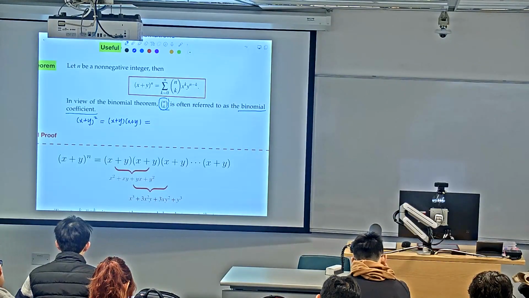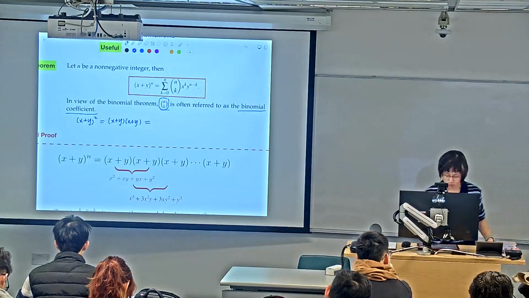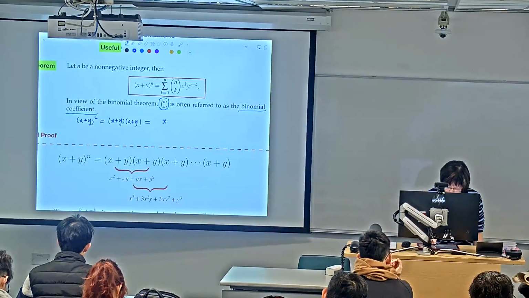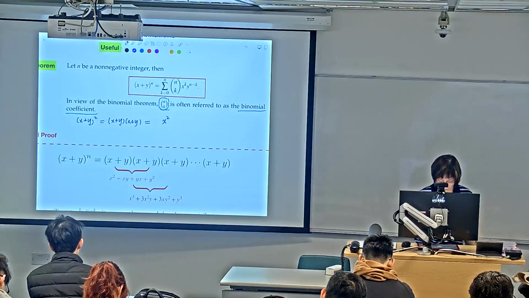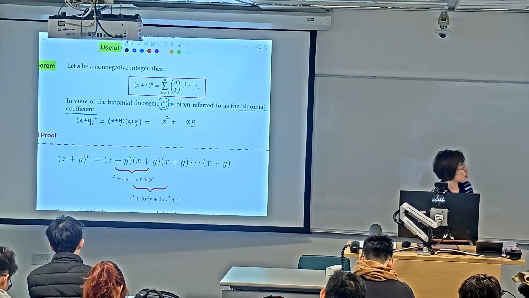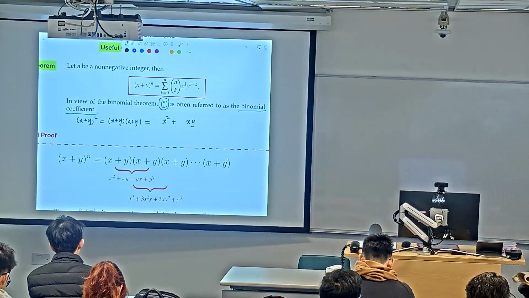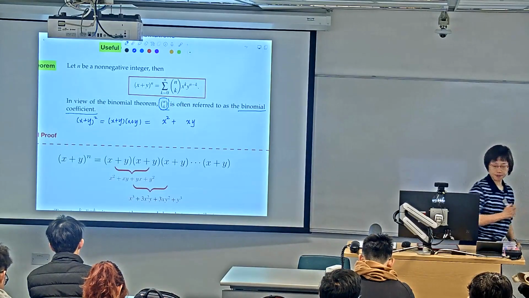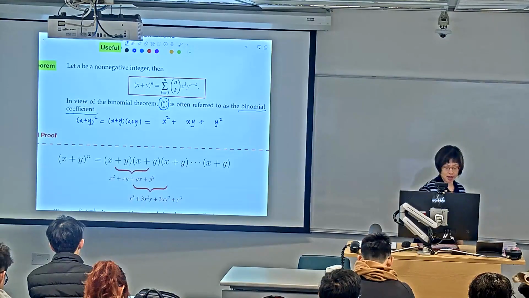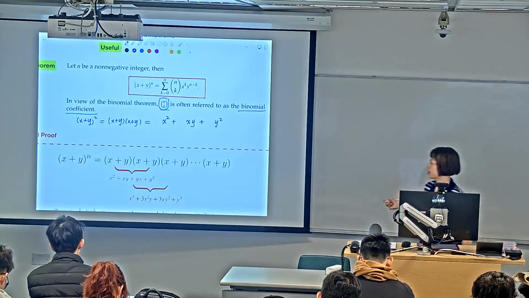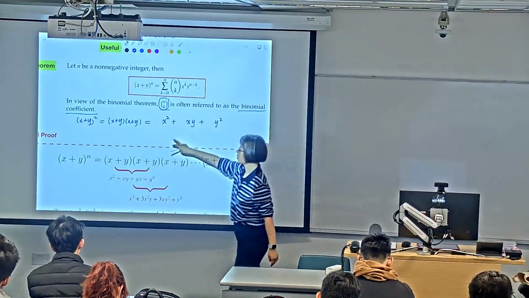So when you do the expansion, each bracket will either contribute x or y in the product. So you have x squared come out if the two brackets both contribute x. And you have this cross term x times y, if one bracket contributes x, the other contributes y. And also you have this y squared, if both contribute y. Their coefficients in front can be given by binomial coefficients.